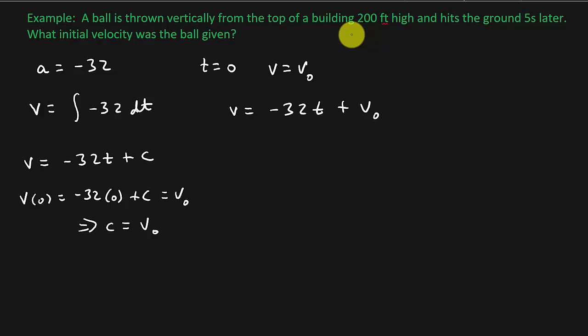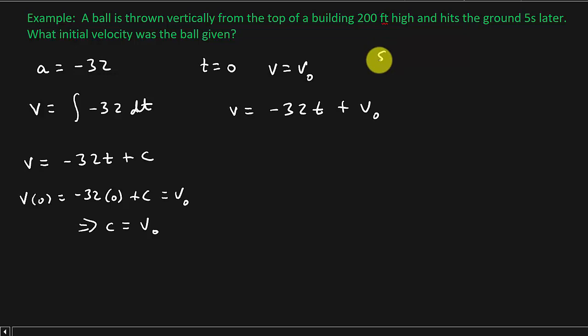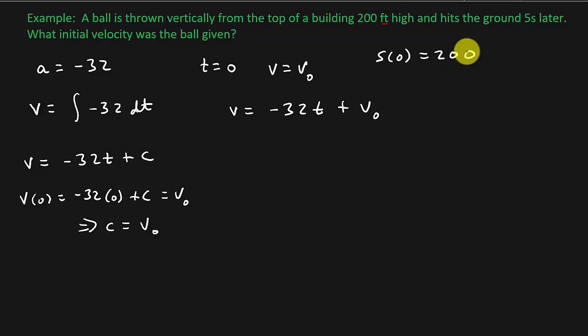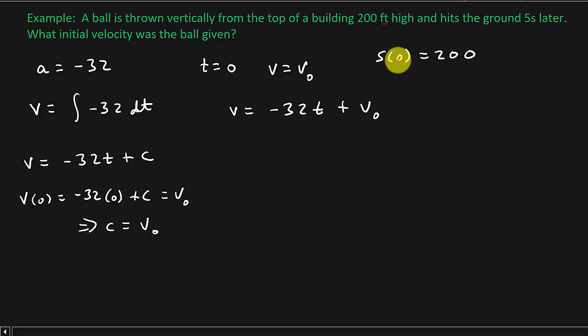That would be the initial height, right? So that's saying that s of 0 is equal to 200, because s, the displacement, gives us the height of the ball at any particular time, and at t equals 0, the height is 200. All right, so in order to use this, we would need to know the displacement function, wouldn't we?